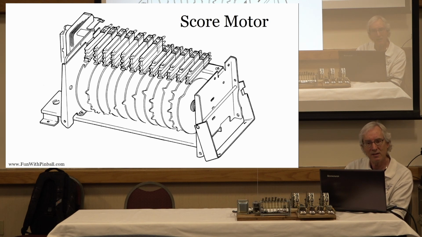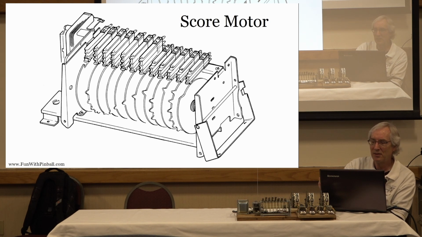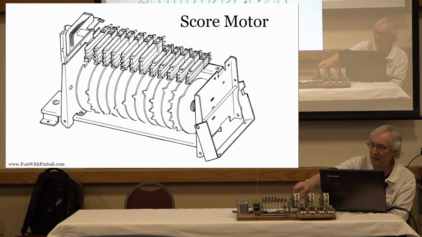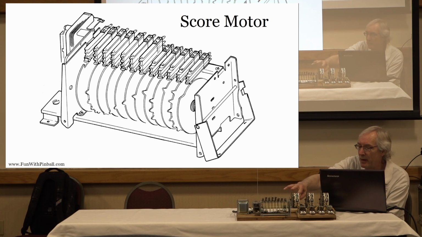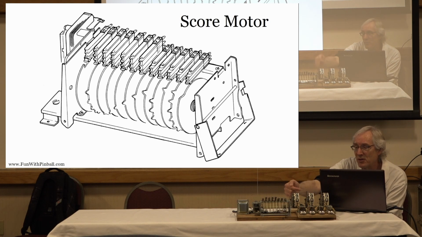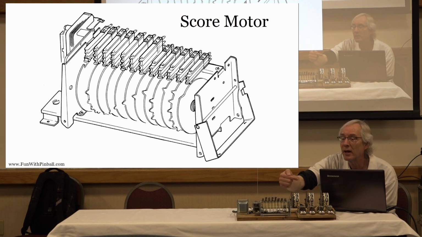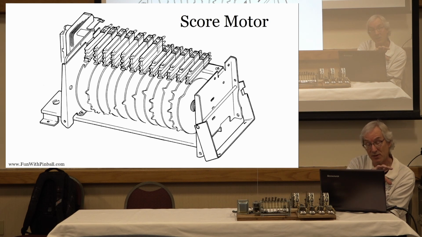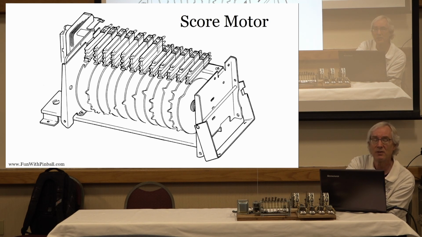But during reset, I mentioned that there's a zero position switch. There are actually two of them. One of them blocks any more pulses from walking the score reel forward. So if I'm using the reset circuit, it's going to go through a switch that says, don't take any more pulses once I reach zero.